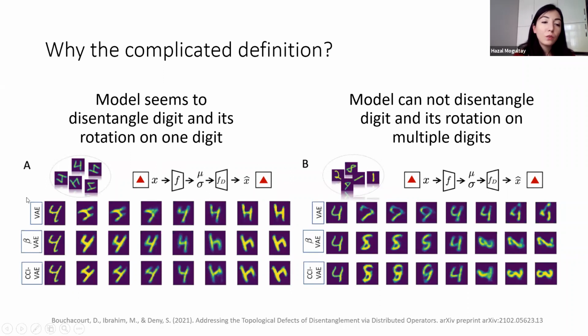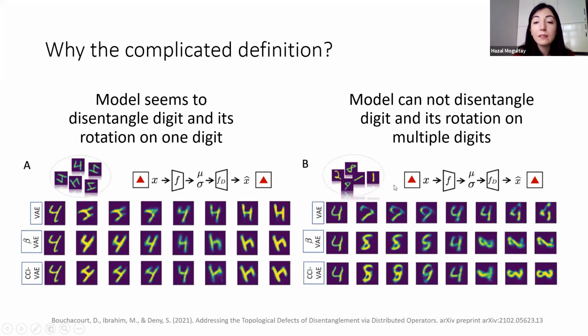Because they compared some other disentanglement models, such as the beta variational autoencoder that I have talked about before. They trained them on a single-digit training set and looked for the rotated outputs, trying to learn the rotation within the encoder. If we train them on a single-digit data set, it works fine. It can rotate the image.